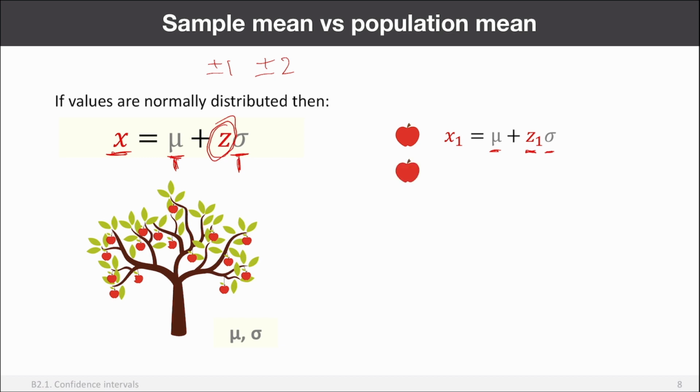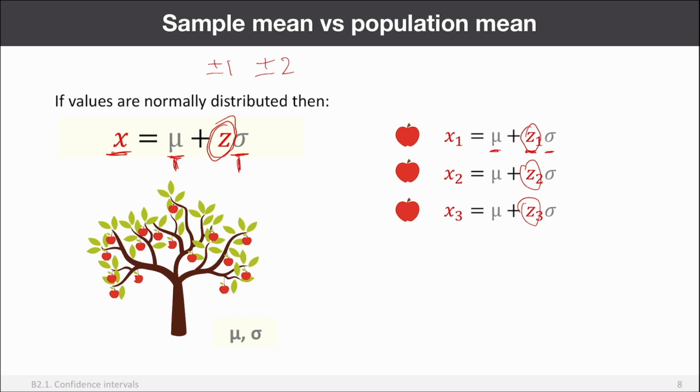Then the second apple is the same, and the third apple is the same. The only difference why apples have different sugar content is in this z1, z2, z3, because they are random numbers, they vary randomly within given limits, so that's why we have this random variation of sugar content. The reason for that is many different external factors, and when the influence of these external factors sums up, you see it as a random effect.